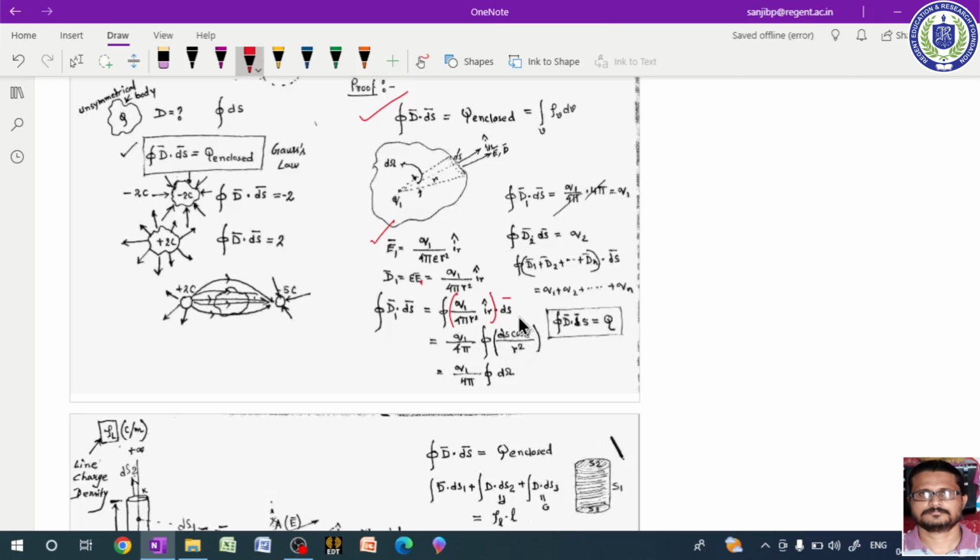Now this portion is defined by d gamma, and the closed surface integration of d gamma is 4 pi. Now 4 pi will cancel out. You will get only Q1. So closed surface integration of D1 dot dS will give you Q1 charge.